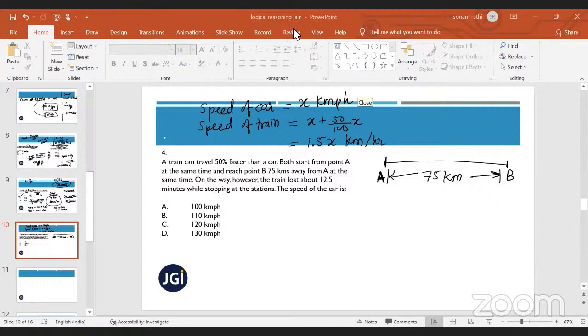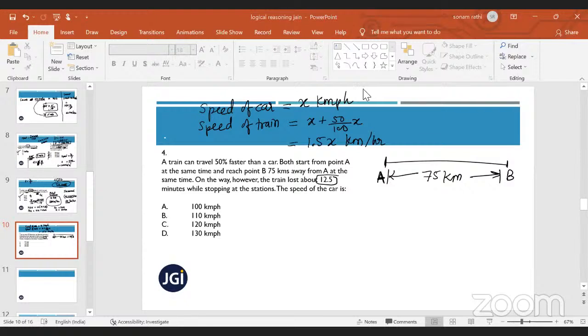Zishan, whose speed is more? The train's speed is more, right? So ideally, the train should reach fast, correct? Yes. But it is not reaching at the same time. It means this 12.5 minutes is the lost time. Yes or no? Right?